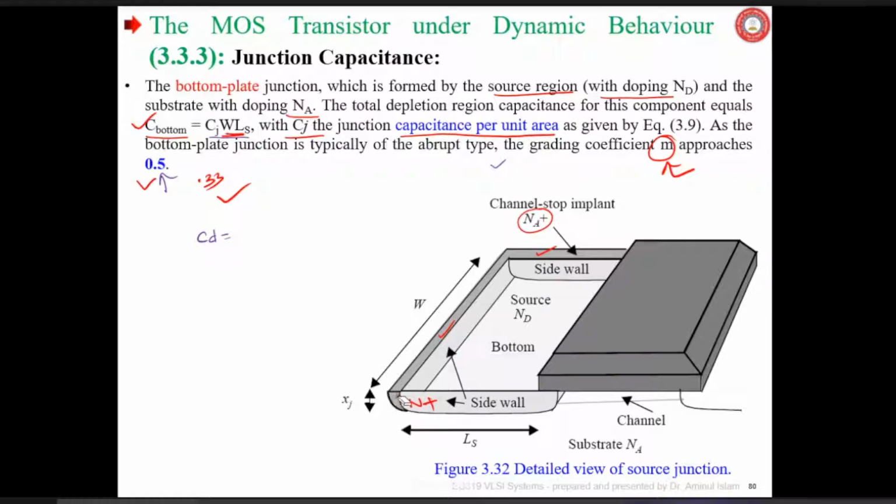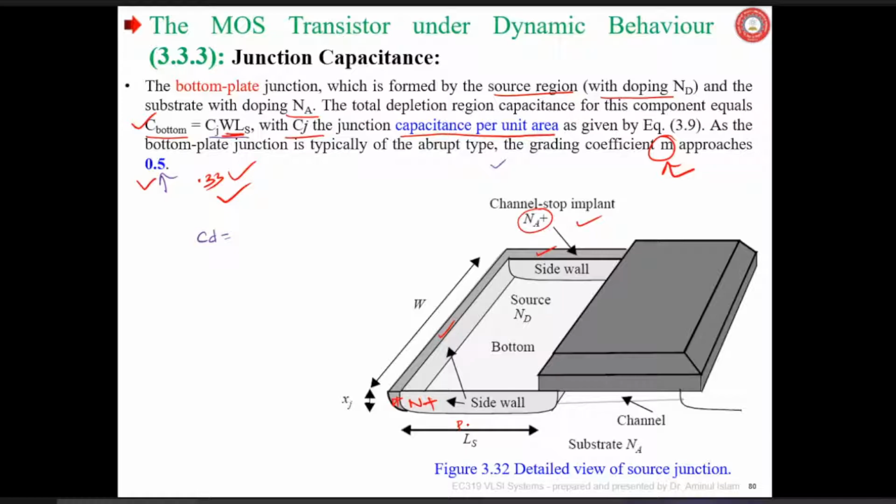So both sides are heavily doped. It is not abrupt. This P plus is called the channel stop. This doping is the channel stop. But other than that, the side is the substrate. You know the substrate is lightly doped, say this is lightly doped P type. This side is also P type.